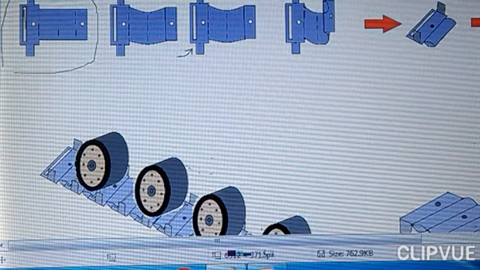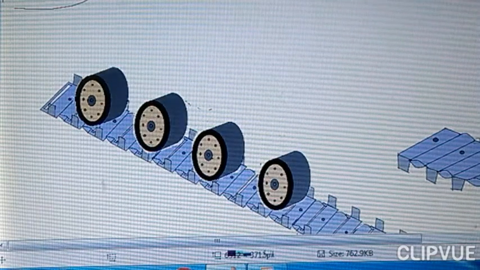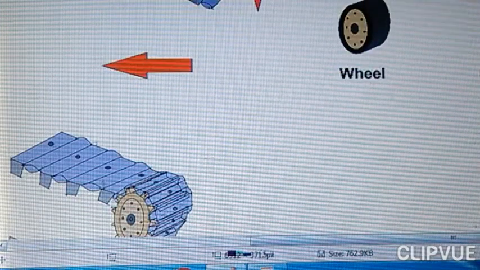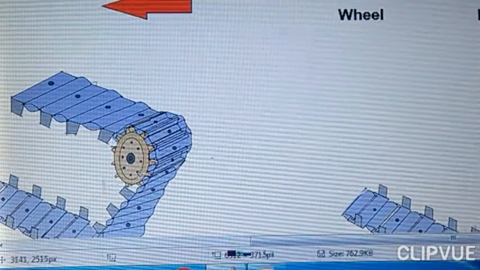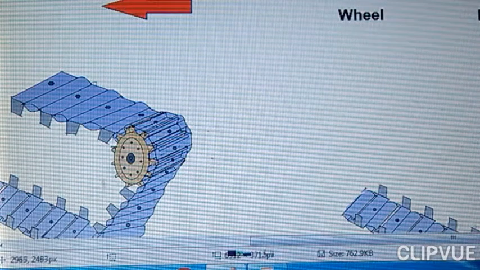This one, the circumference of the driver gear.